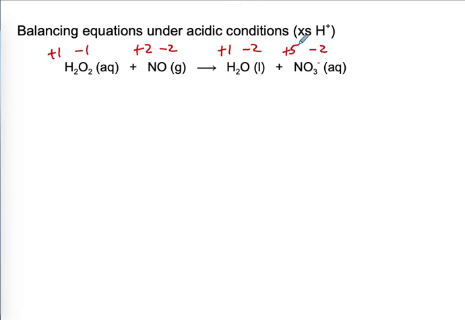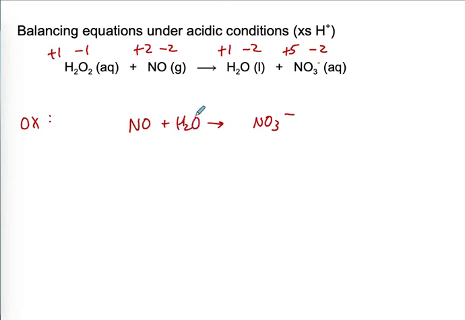So we can clearly see that oxygen is being reduced, it's going from -1 to -2, and nitrogen is being oxidized, it's going from +2 to +5. So let's begin by balancing the oxidation half reaction first. We've got NO forming NO3-. I will balance oxygen by putting 2 water molecules on the reactant side.